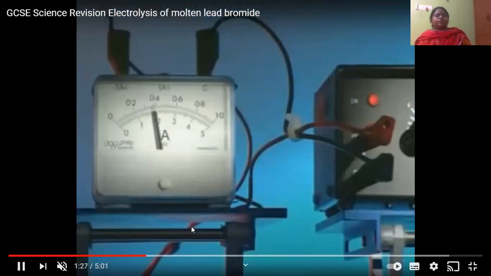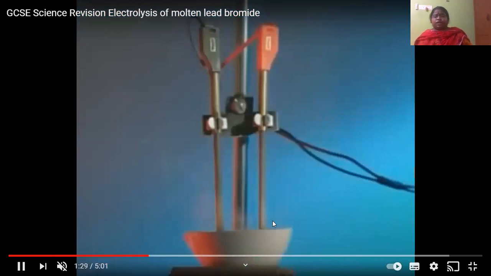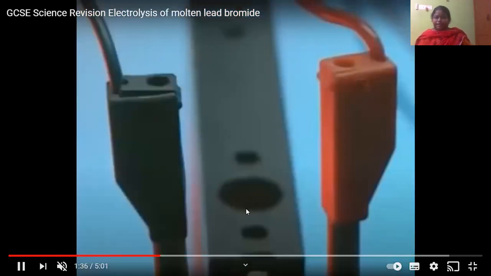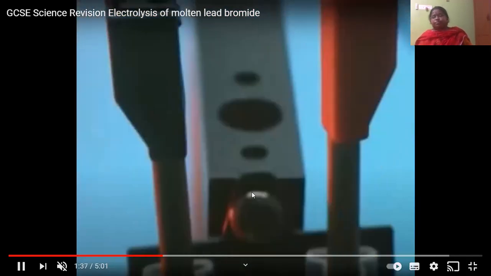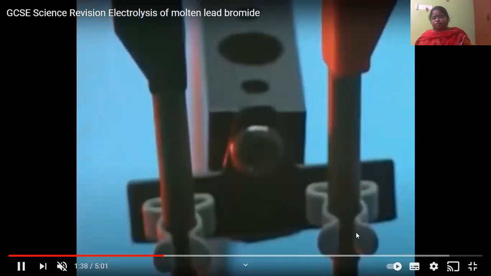Yes. So that shows it is acting as a circuit. Now I said the orange vapor, you can see, right? So here they are going to fix two glass tubes so that it will show clearly which side the gas evolves. Because on the other side you cannot see any vapors, but towards the anode you can see the orange vapor that shows it is bromine.